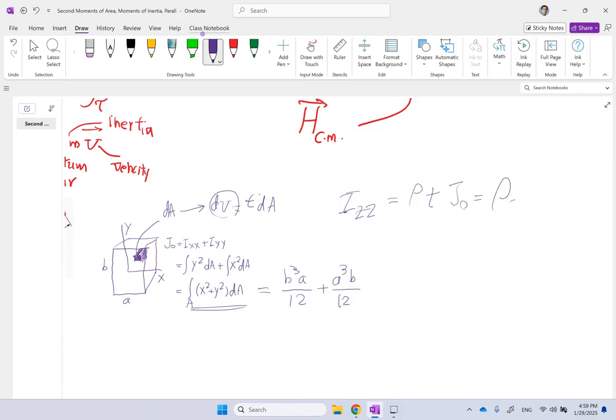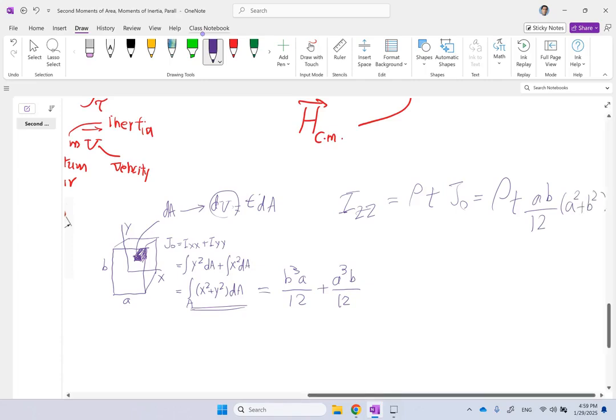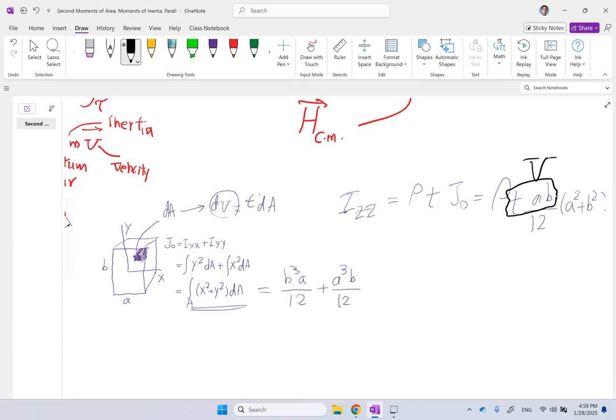So there's going to be rho times T. Now, both of these factor A and B, so I write it as AB over 12 and then A squared plus B squared. Right? That's what it is. Now, I want you to tell me, what is this? ABT, that's the whole volume of that plate.